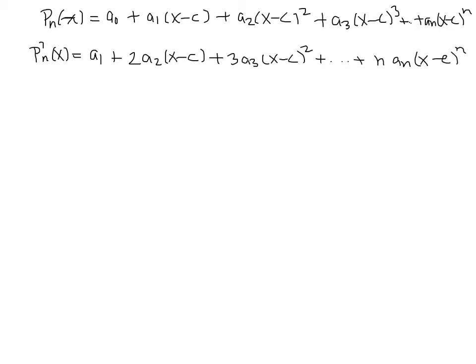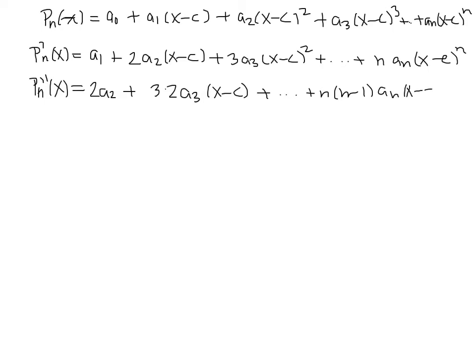Should be pretty familiar. The next derivative, the second derivative of p sub n, will be 2 a2 plus 3 times 2 a3 times x minus c plus n times n minus 1 a sub n times x minus c to the n minus 2 power.